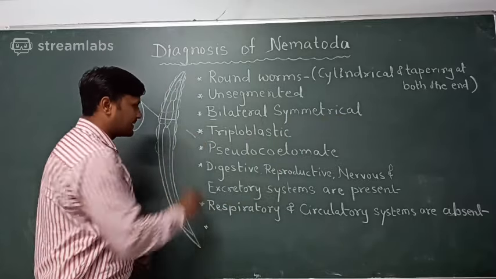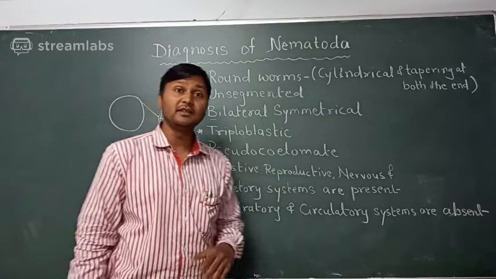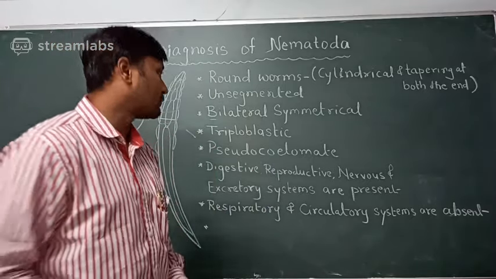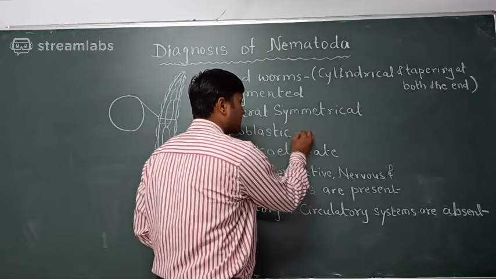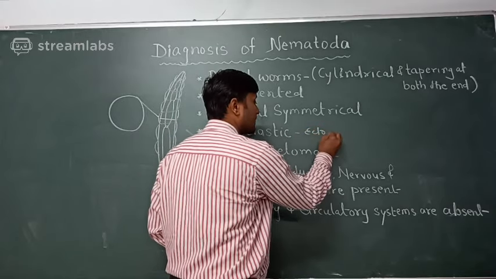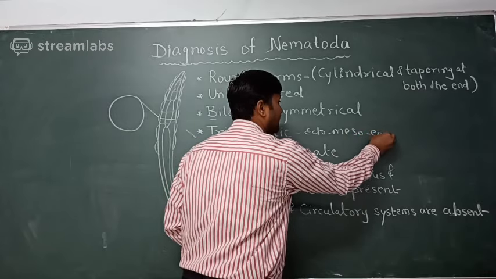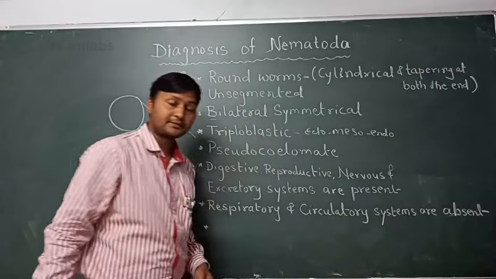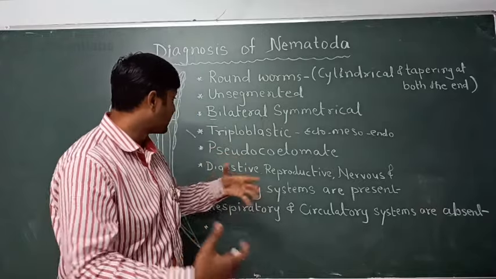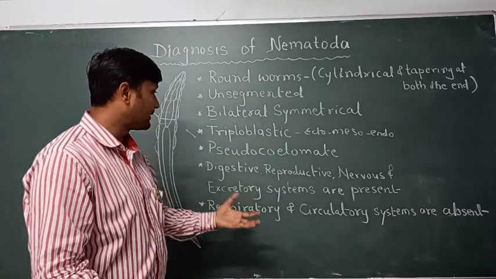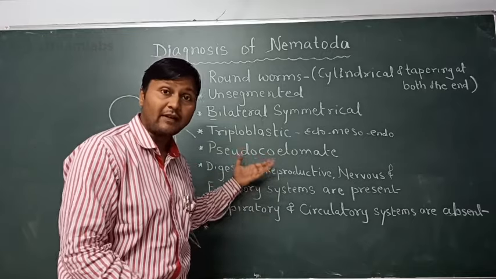Thereafter, triploblastic. Triploblastic means having three germ layers: ectoderm, mesoderm and endoderm. During embryonic development, the cells have three layers.